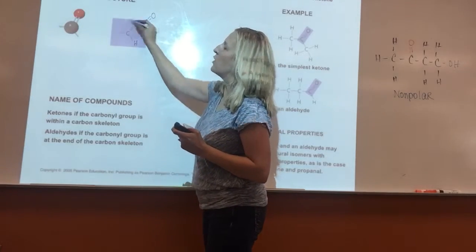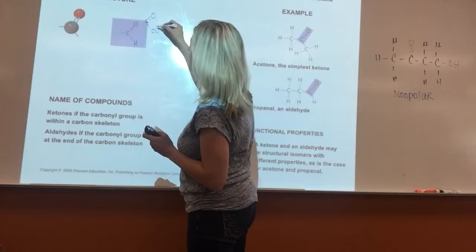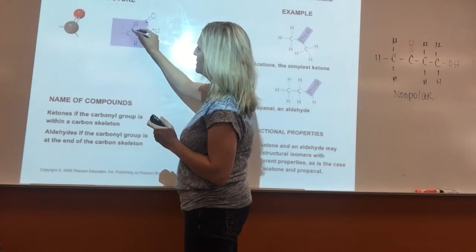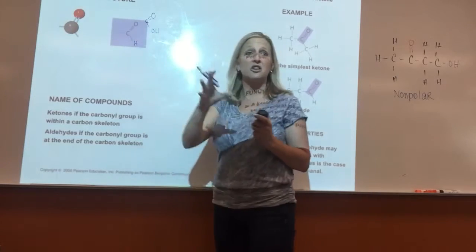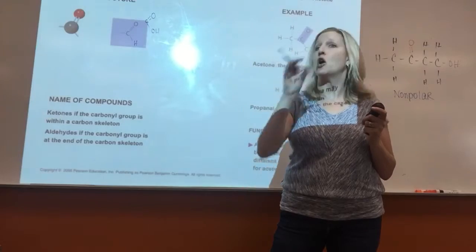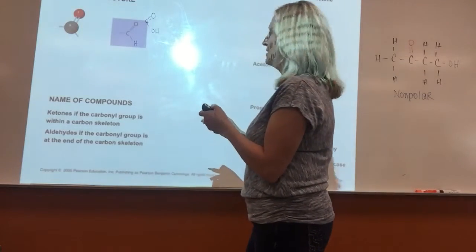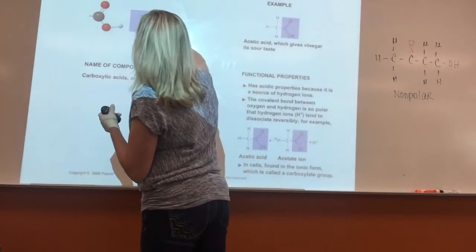Some people will think, oh, this is a carboxyl group, or some people will say, oh, this is a carbonyl and a hydroxyl group. So you have to be real careful about what is coming off of that same carbon atom to make sure for carbonyl it's just the double bonded oxygen, no OH, coming off of that. And so that's something to pay attention to. It is confusing for people.